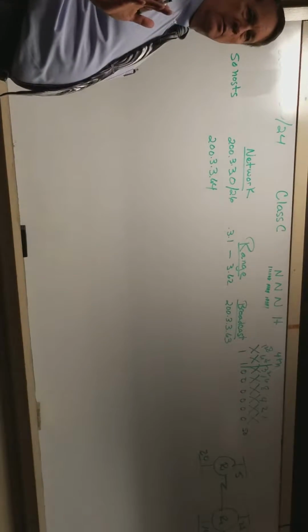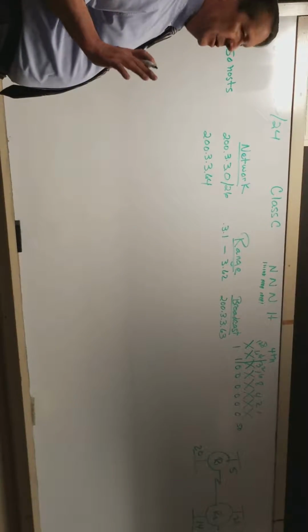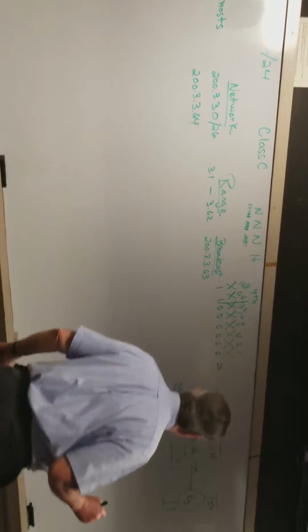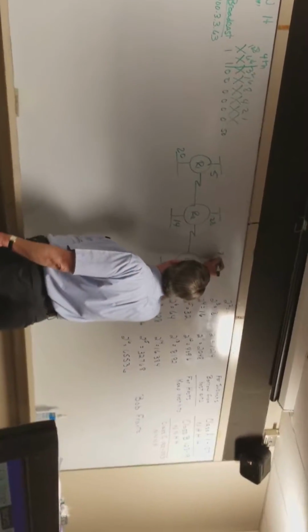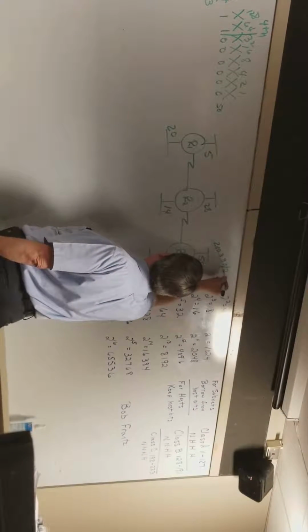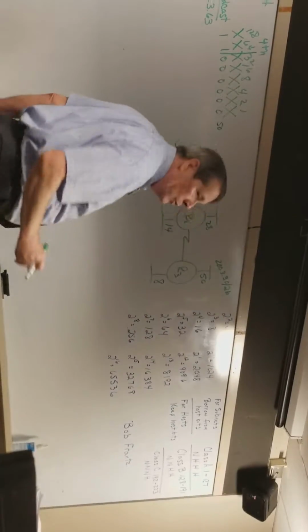That's the shortcut I do right there. Does that make sense? You see what I did? So the 200.3.3.0/26 network goes on that one right there.